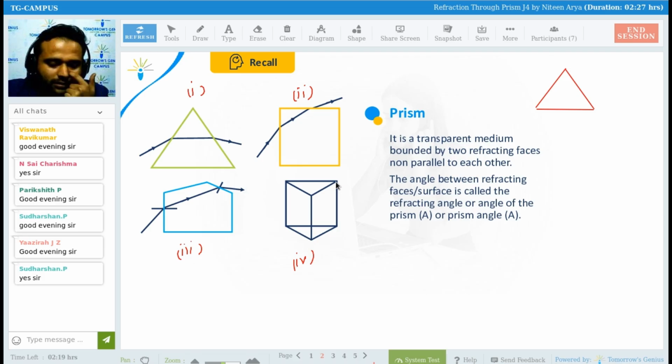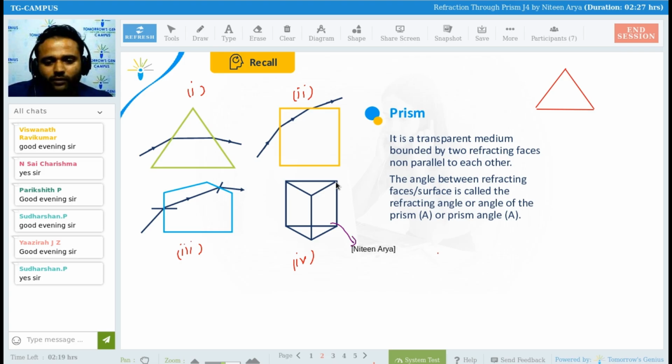So in this way, it is a hut, like a jhopdi. A hut, H-U-T, a hut-like shape. This particular shape is, in general, a prism.